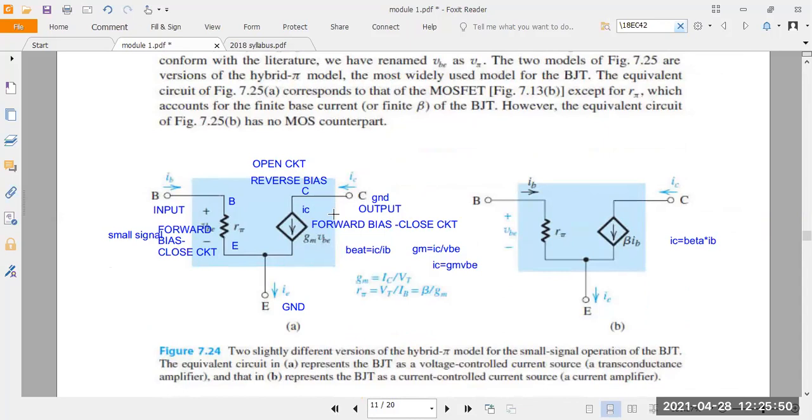Here there is a collector current. After that, we derived the equation for gm, right? See it. So what did you get as the gm equation here? IC divided by VB. Same you wrote here. So IC you take outside here. What you get here? gm into VB. It means current is flowing from the power supply to ground. Ground means emitter, because this was the common emitter configuration, right? So current is flowing from collector to emitter. For that, write one current source here.